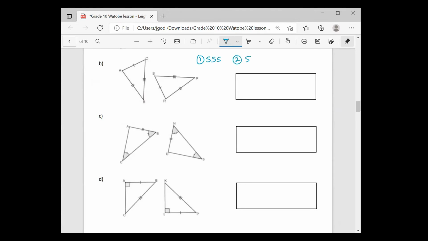Side, angle, side? Side, angle, angle? Or right angle, hypotenuse, side, for questions B, C, D? So think about what they would be. When you're happy, put your answers in the chat for me so I know that everyone is on the same page, and then we can keep going.